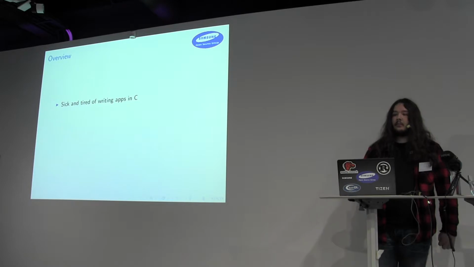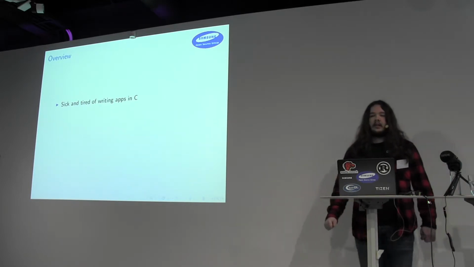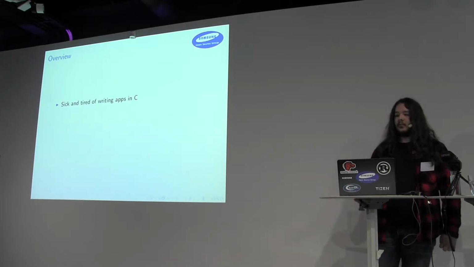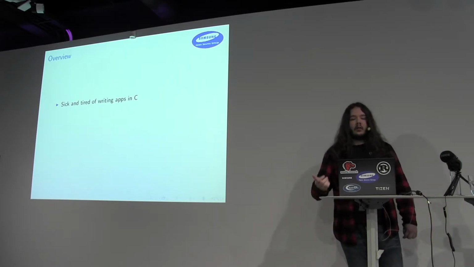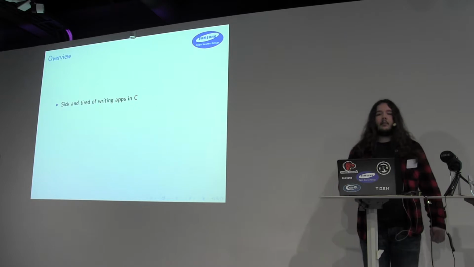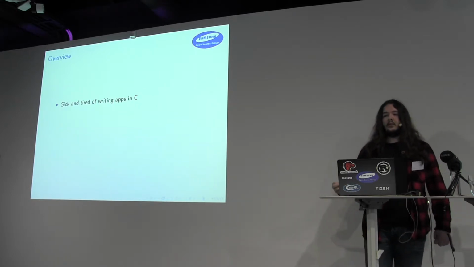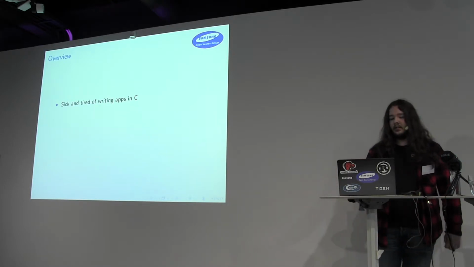Anyways, overview. What is this talk actually about? We're kind of tired of writing everything in C because it's very inconvenient. Not everyone likes to write applications in C, especially mobile developers or people targeting embedded devices, such as devices without a memory management unit, for example, would be very tedious to actually deal with everything.